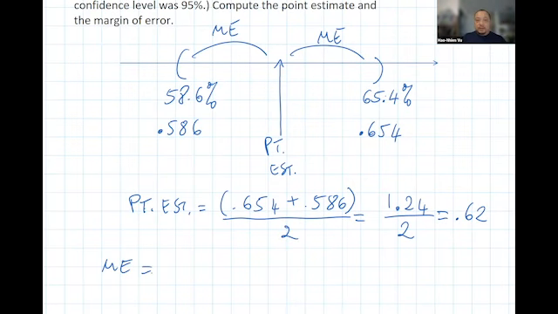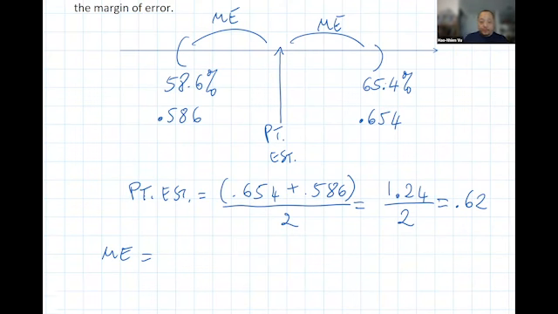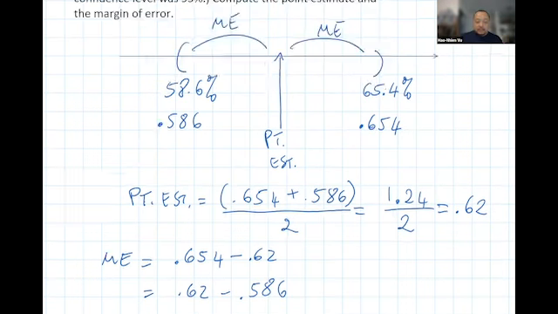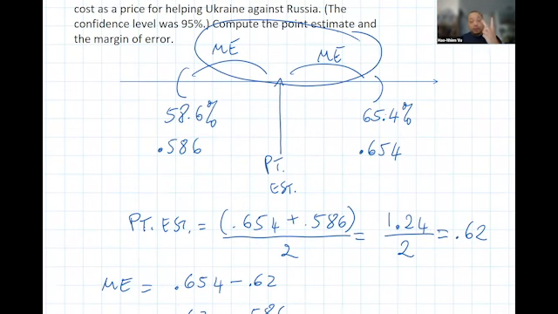The margin of error, there are 3 ways of doing it. I can go from the high point to the point estimate, which I now know to be 0.62. Or I can go from the point estimate to the low point or the left endpoint. Or I can take the difference of the whole thing. And all of that constitutes 2 margins of error.